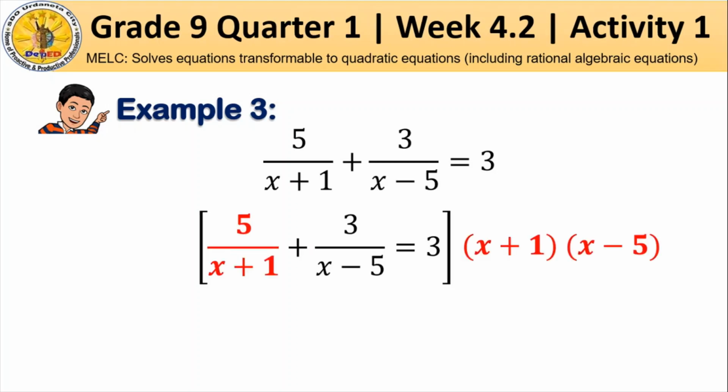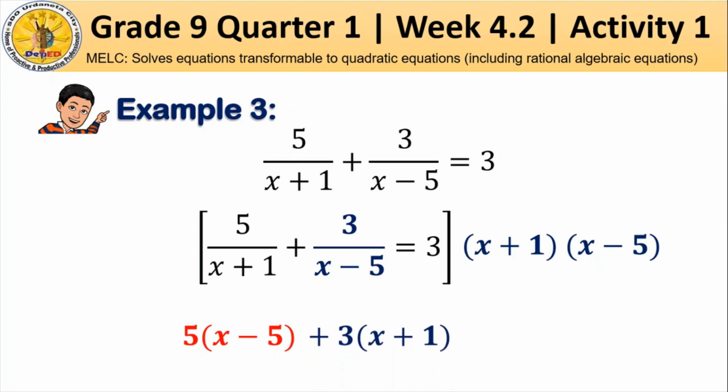We have 5 over x plus 1 times the quantity x plus 1 times the quantity x minus 5, is equal to 5 times x minus 5. Next, 3 over x minus 5 times the quantity x plus 1 times the quantity x minus 5.